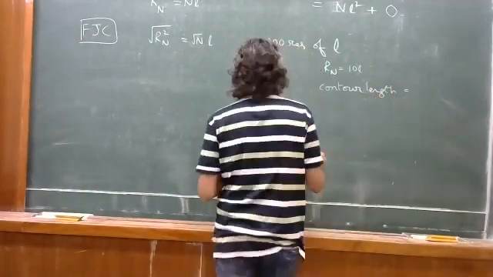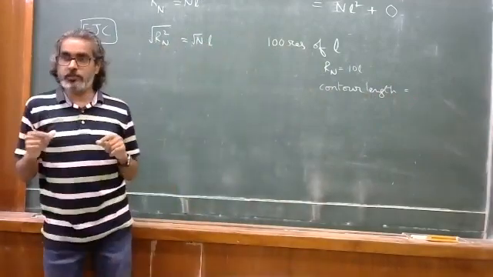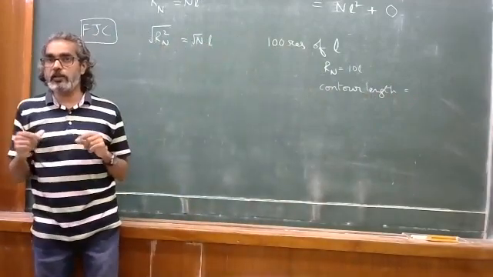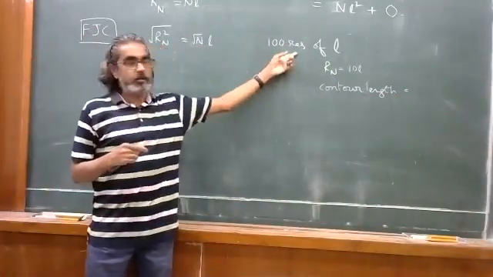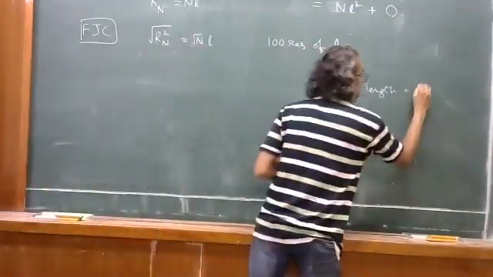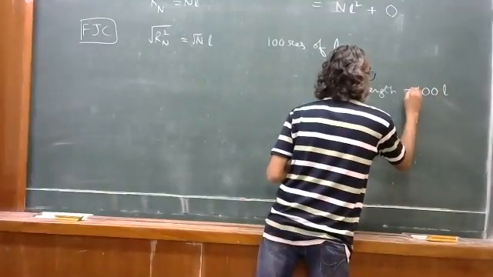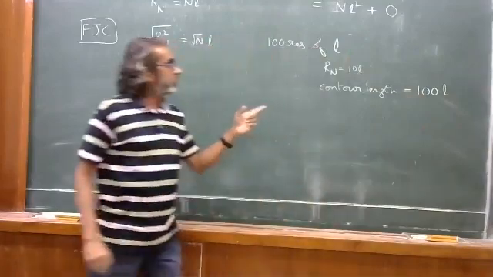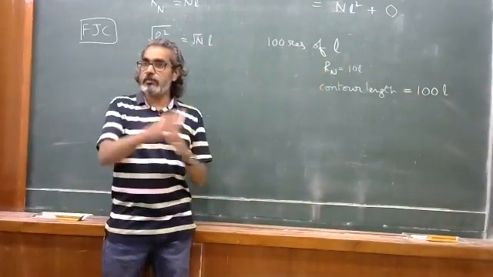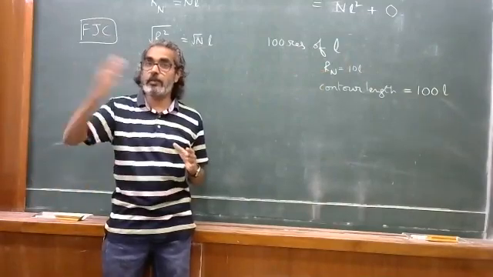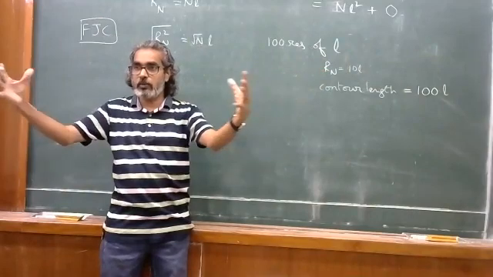On the other hand, for the same polymer with 100 residues, what is the contour length? It will be 100 times L. So because of their random orientation, polymers won't be linear, but collapsed.